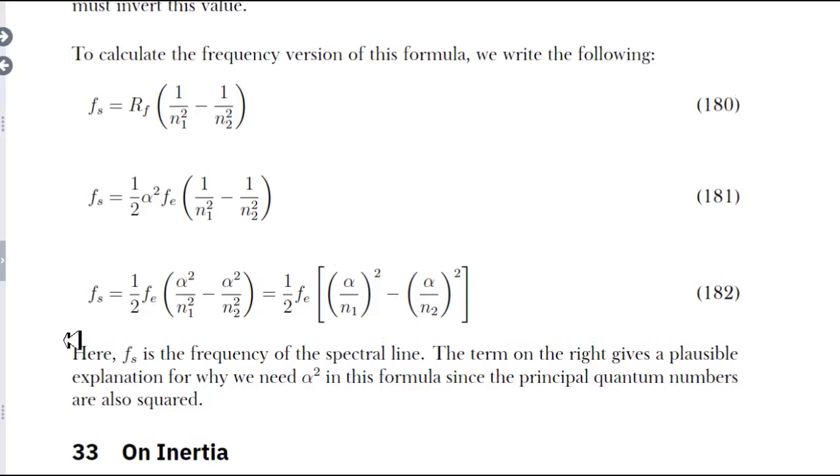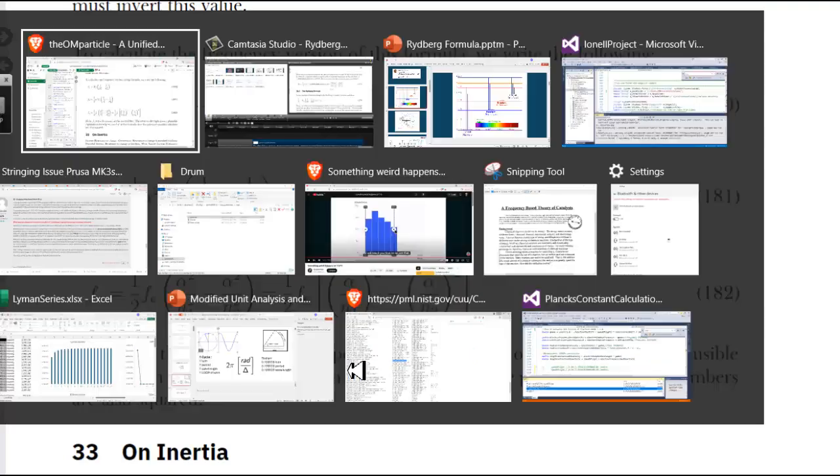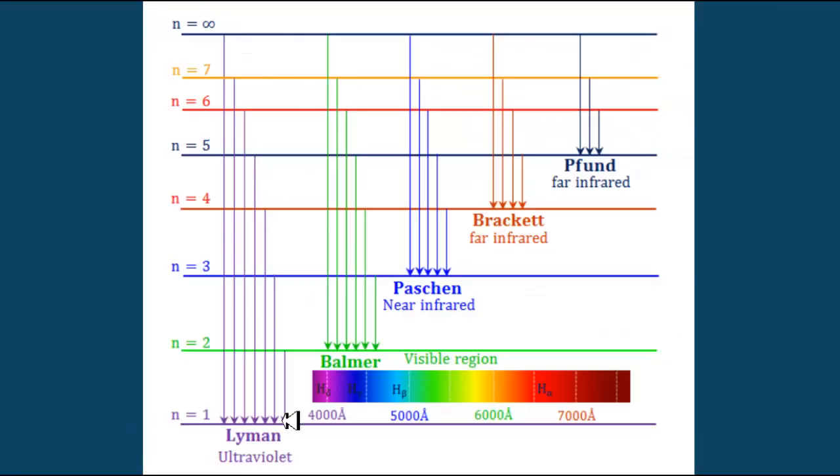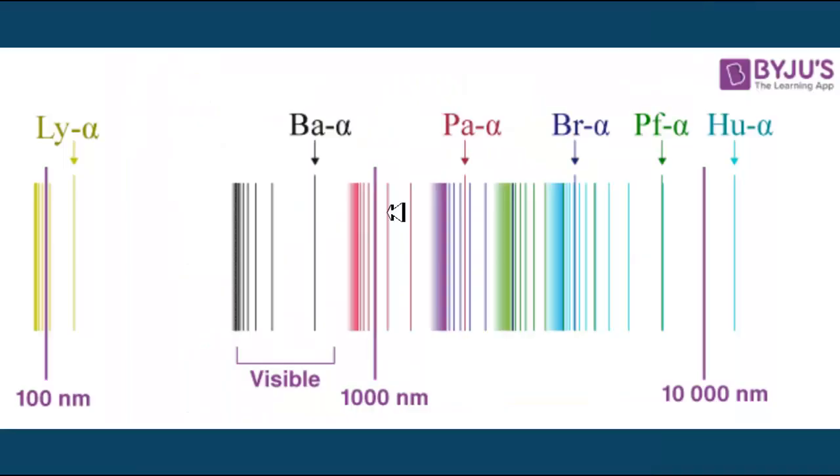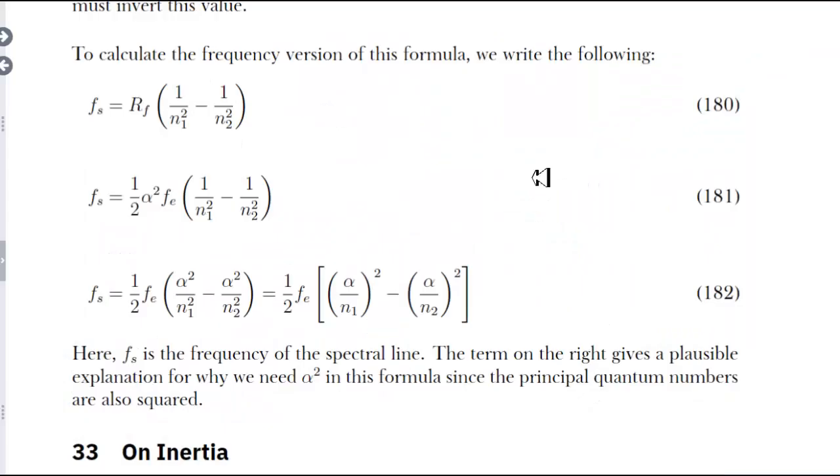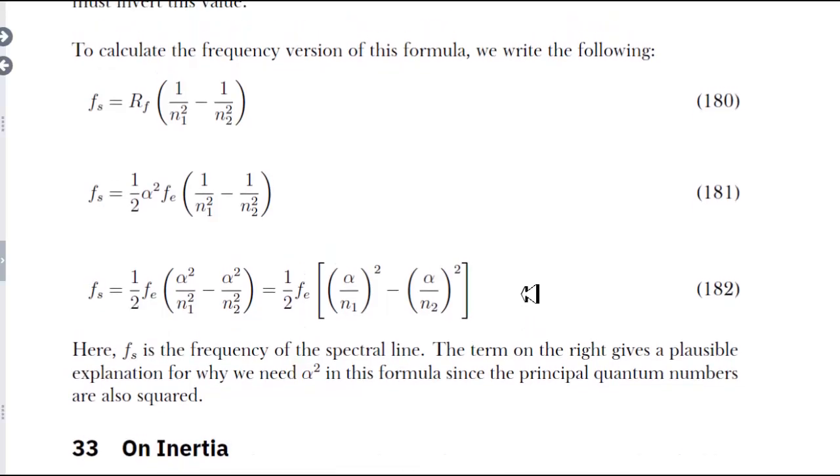Okay, so the output of this equation is the frequency of the spectral line, instead of the wavelength of the spectral line. That is the purpose of this exercise: to convert from the wavelength domain to the frequency domain so that we can look at the frequencies and maybe study this more in the future. This is as far as I wanted to get with this video.